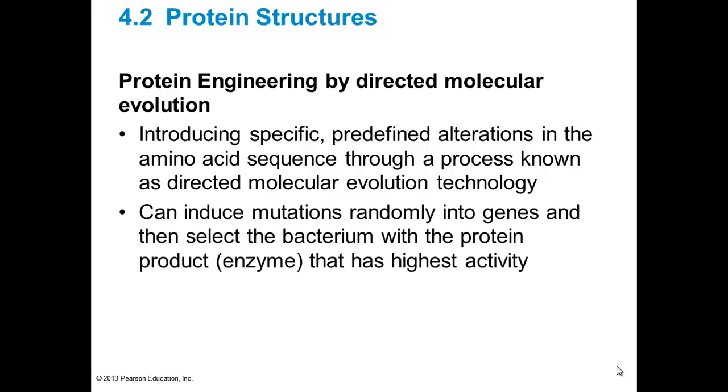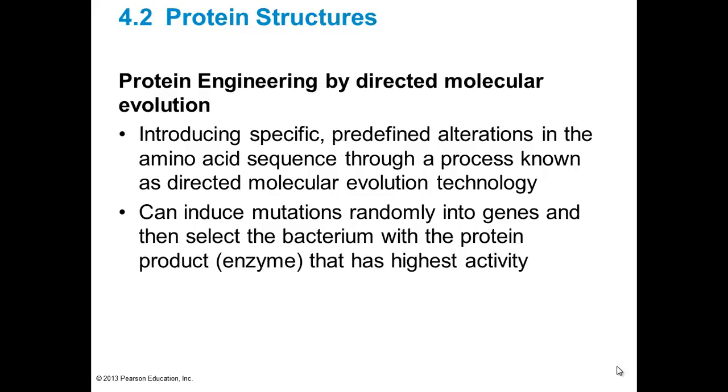You can also introduce random mutations and then get a lot of different mutations, clone those different mutations into a cell, produce the protein, and then screen out the proteins that are best suited based on what is called speeded evolution or error-prone PCR.